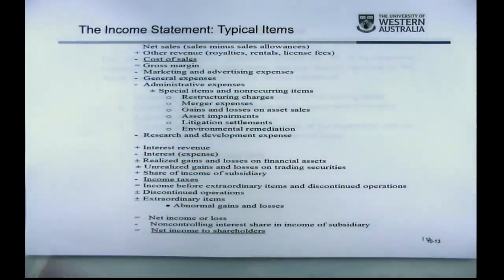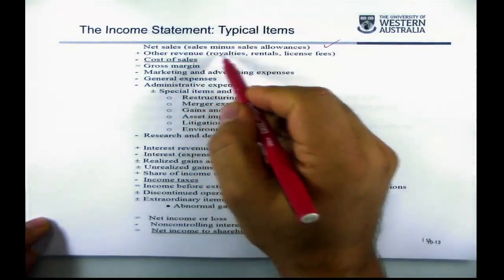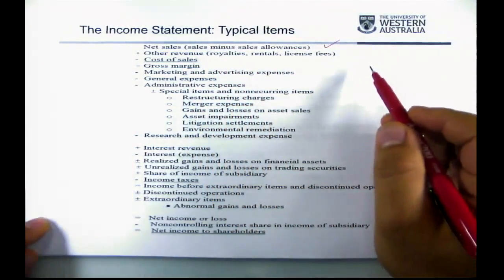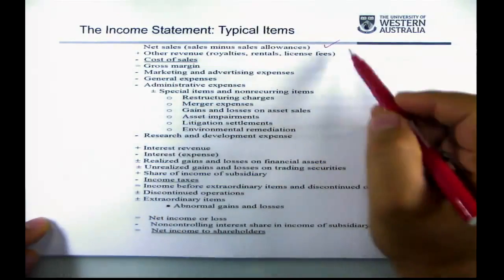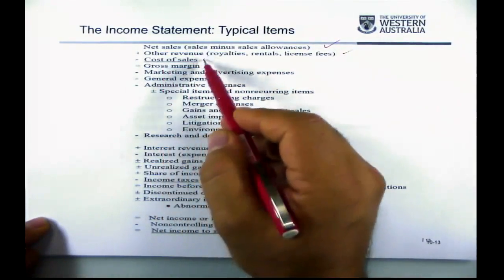This is the standard income statement. This is how it is normally reported according to the following standard format. We normally start with net sales, or sales minus sales allowances and returns. Then we add other revenues, and we subtract cost of sales.